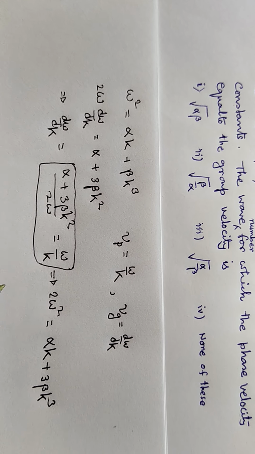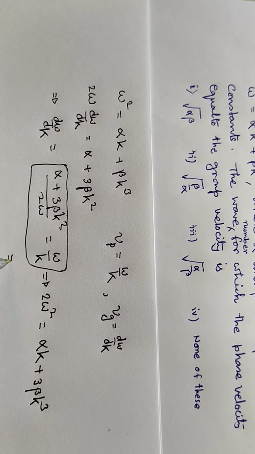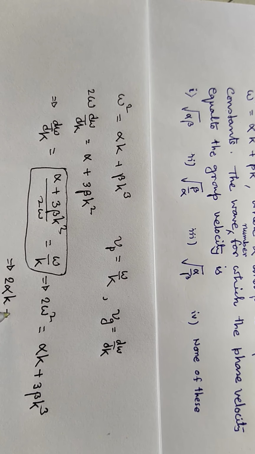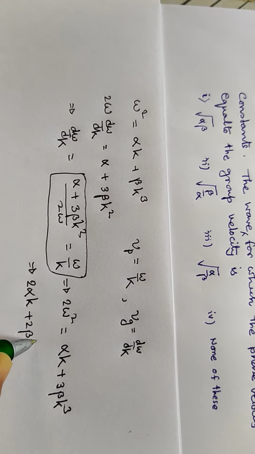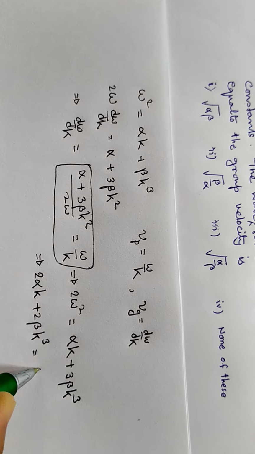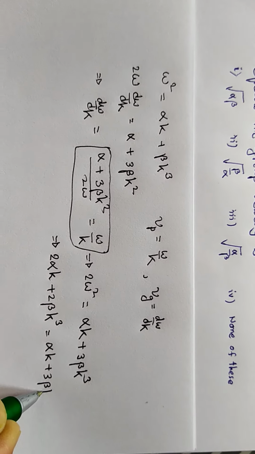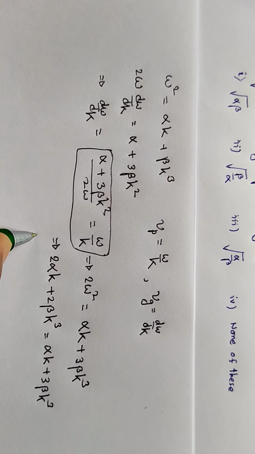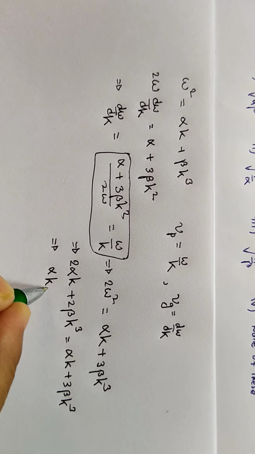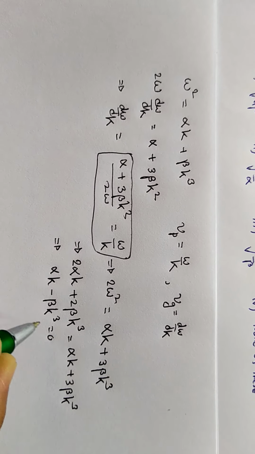Just doing the cross multiplication, and you know the relation of omega square, and therefore you can write 2 alpha k plus 2 beta k cube, this is 2 omega square, equals alpha k plus 3 beta k cube, and therefore alpha k minus beta k cube equals 0.